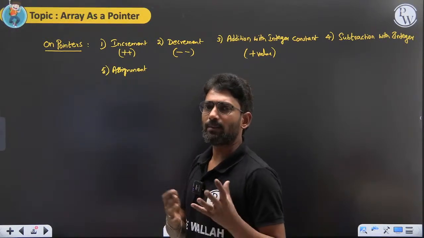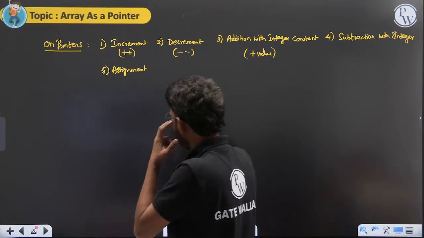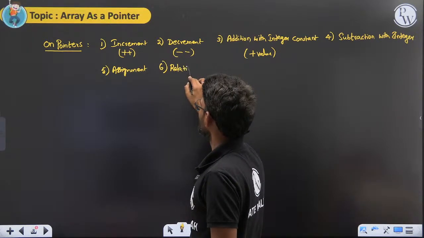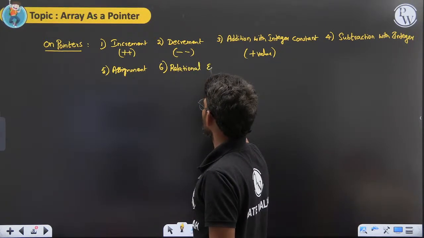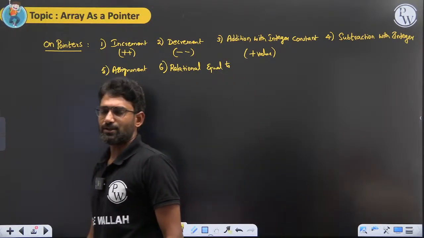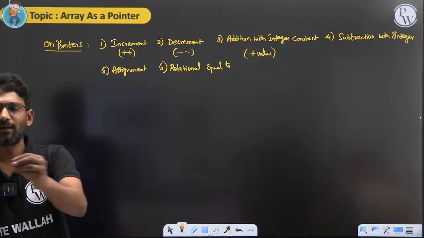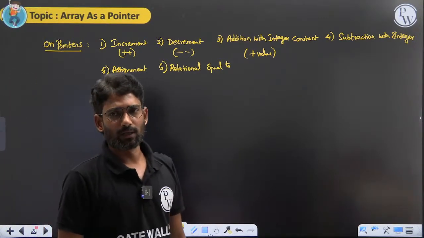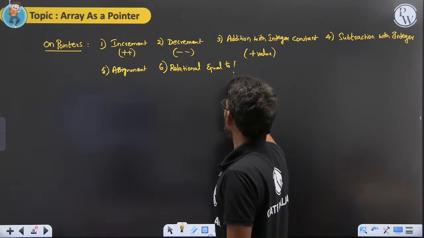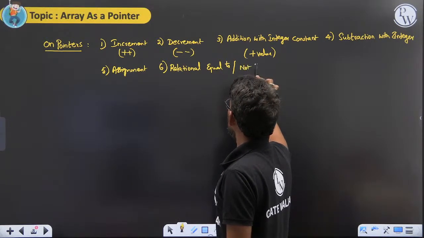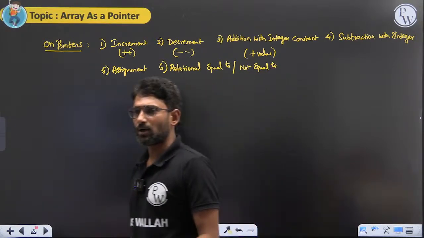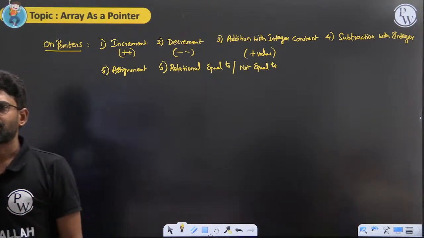And can we do comparison, like can we apply equal to, relational equal to? Like is P equal to Q or not, or P not equal to this or not, or star P equal to this or not? Can we do that?